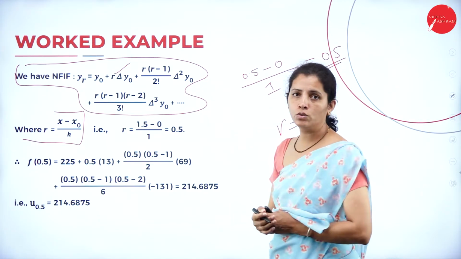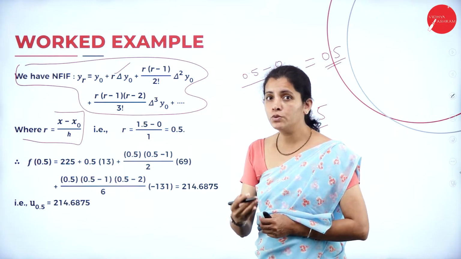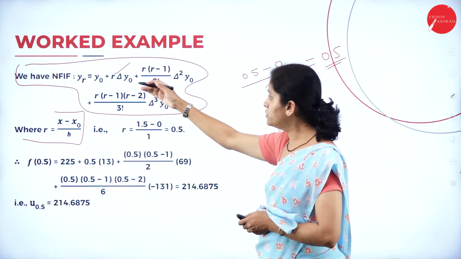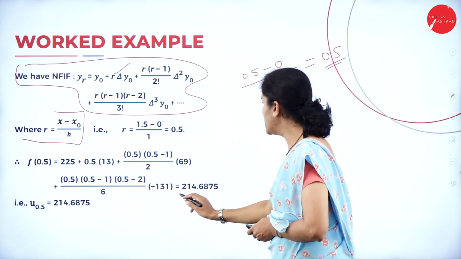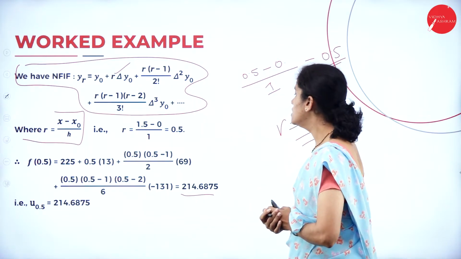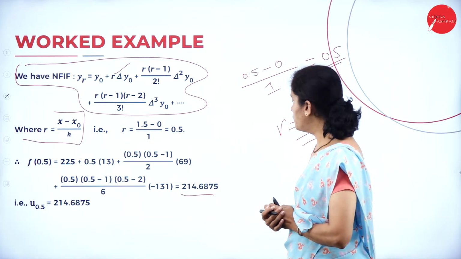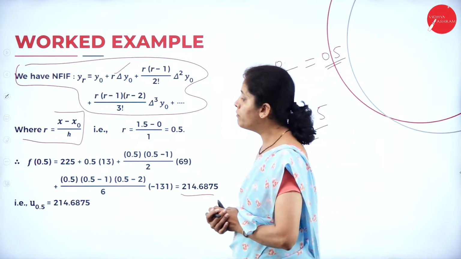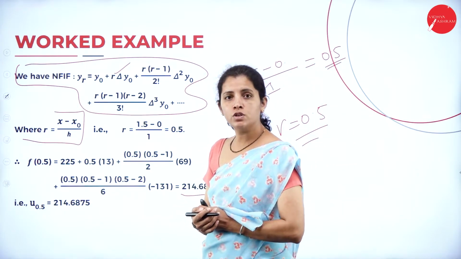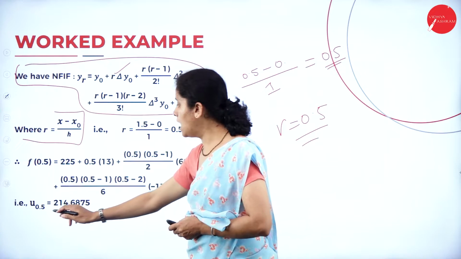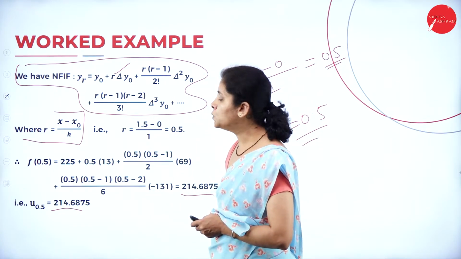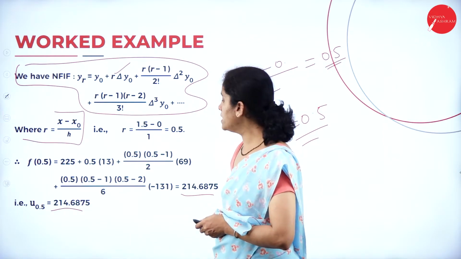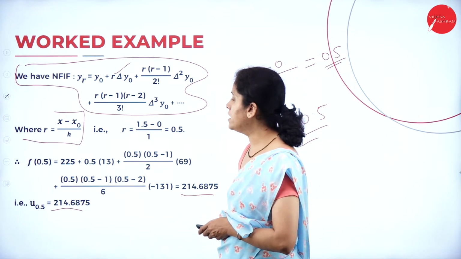Now what I want to do? I want to substitute the values in this formula. After substituting the formula, I am going to get the answer, that is 214.6879. So when u of 0.5, what is the answer? I am going to get 214 dot, that is decimal point, 6879.